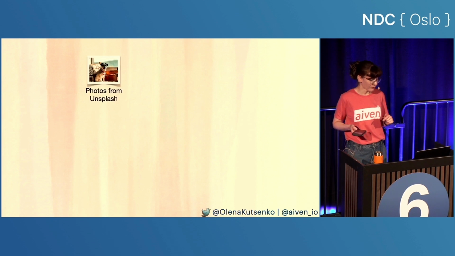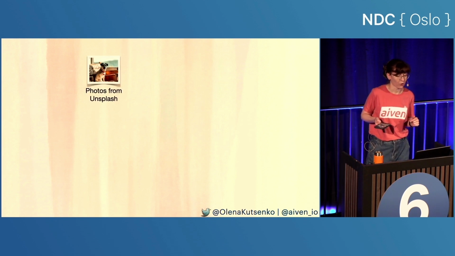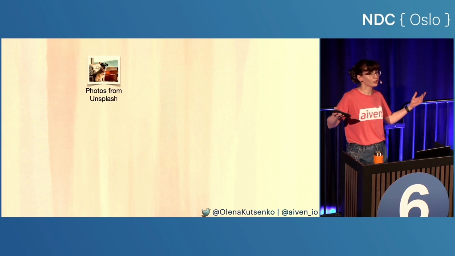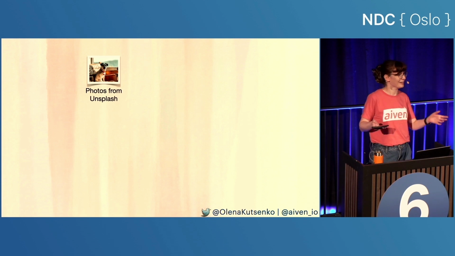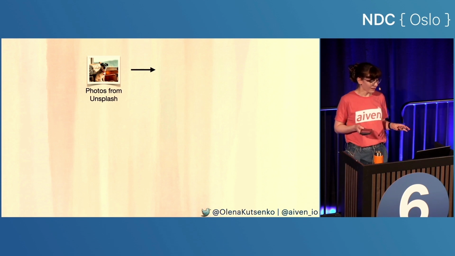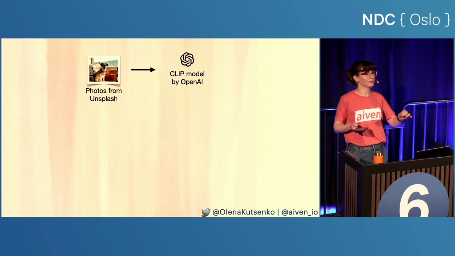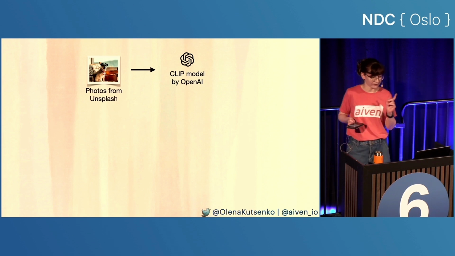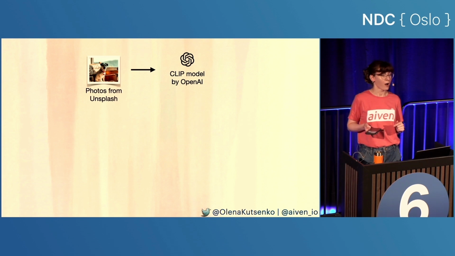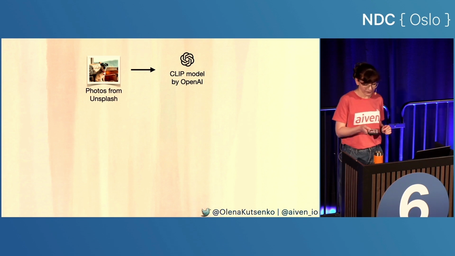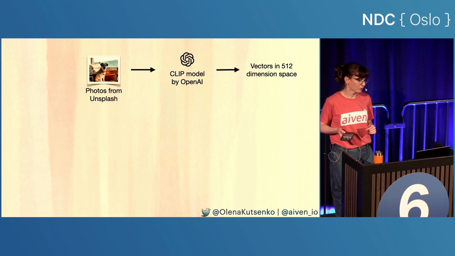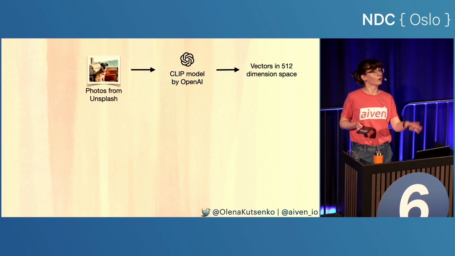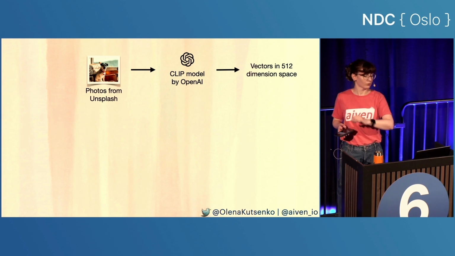For this particular example, I am taking pictures from Unsplash. They have a huge data set, very nice to play with. And then we do with the pictures the same thing which we did with the movies. We take a model, and this model is a CLIP model from OpenAI, and we run that model and transform each of the pictures into a vector.